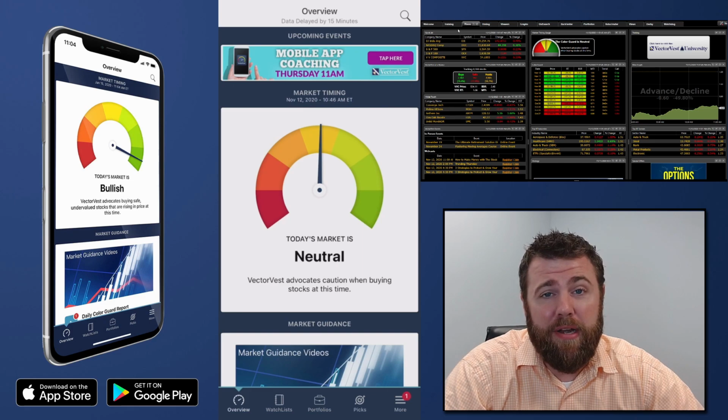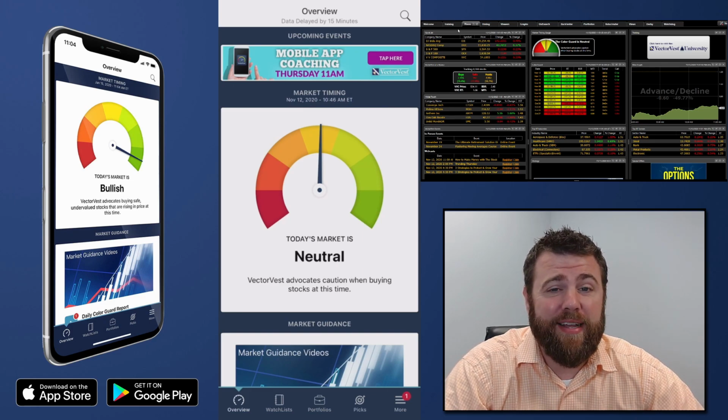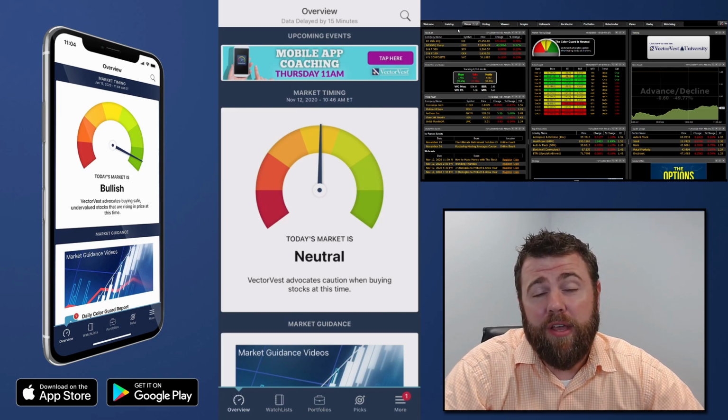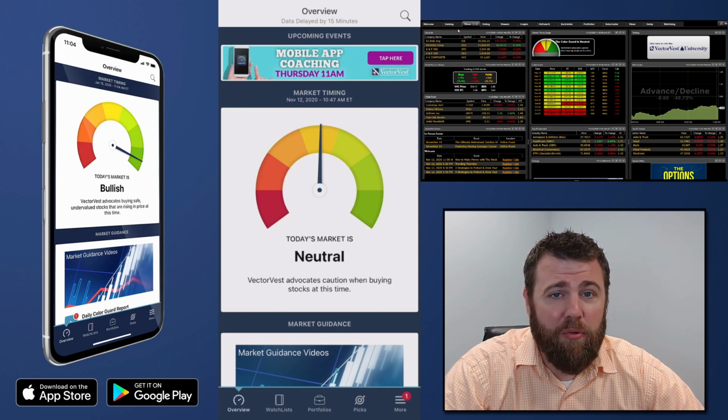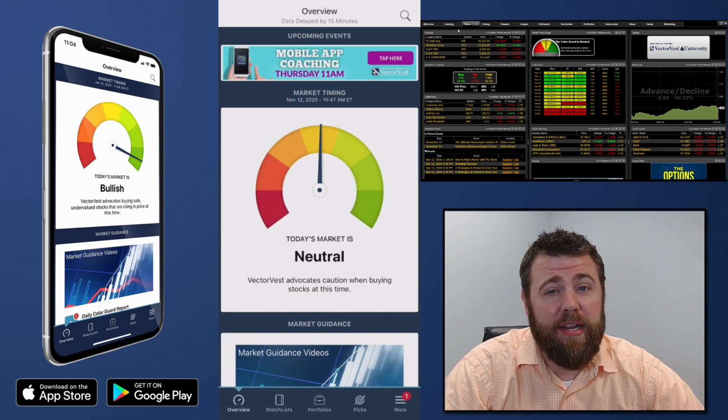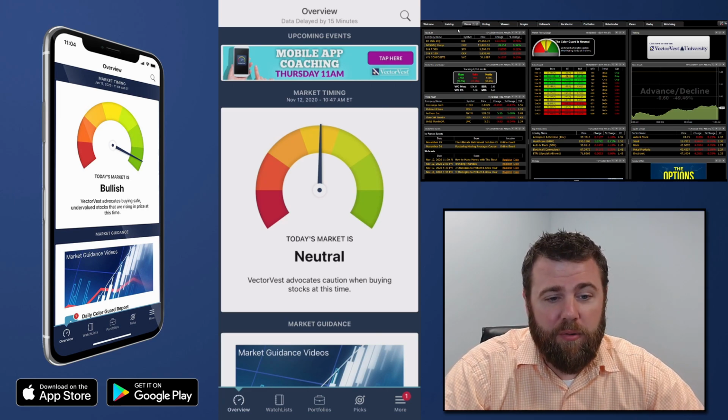Now anybody who signs up for the mobile or desktop can automatically get all the countries and databases that we track with their subscription, at the same price, same cost and everything. So today we're going to take advantage of that, looking at the markets all around the world through the mobile app, through the VectorVest Stock Advisory, and see what's going on, not just in the US, but everywhere around the world.